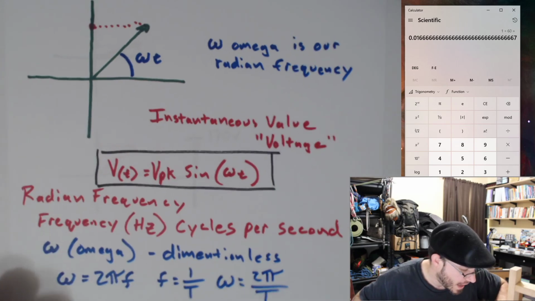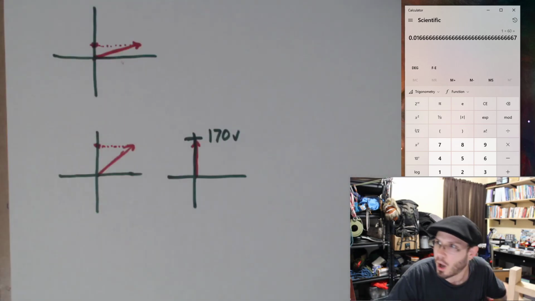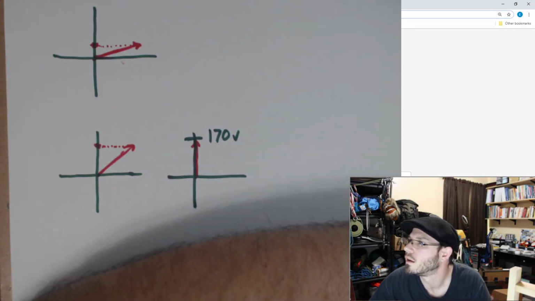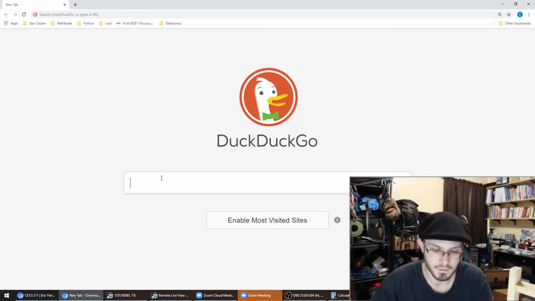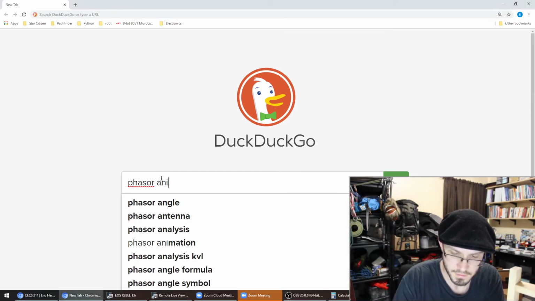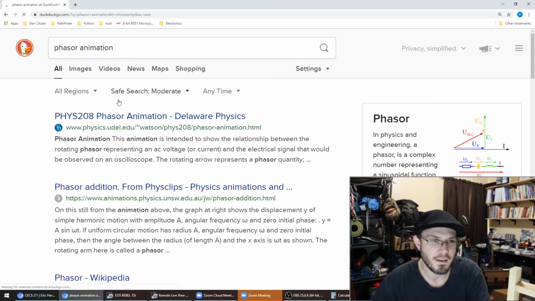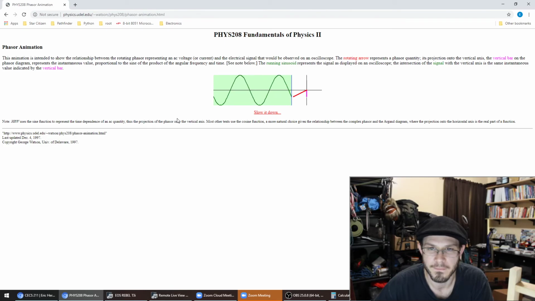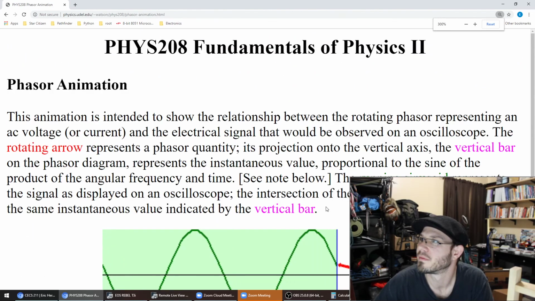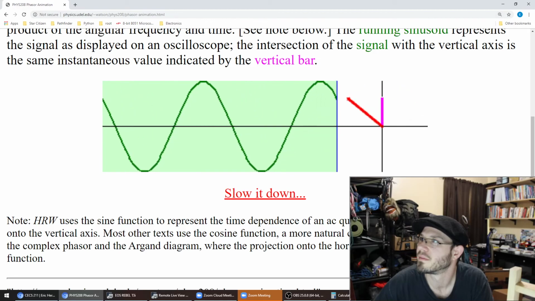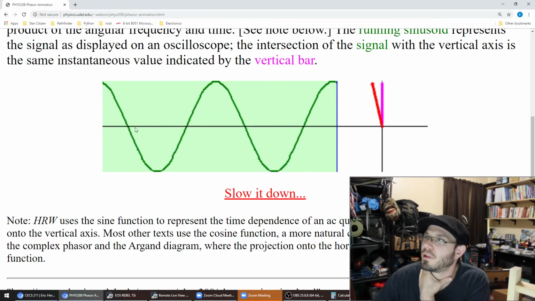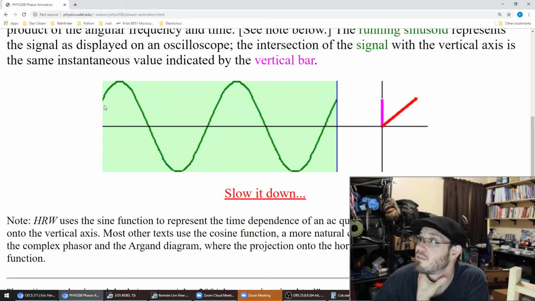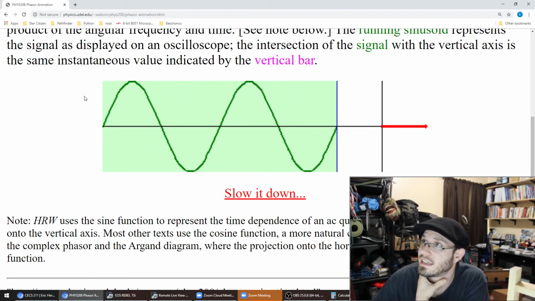And I bet another good thing that I can show, if I type in phasor animation, right? So what they're doing is they're plotting along this graph where you have time versus, say, voltage, or time versus our instantaneous value.